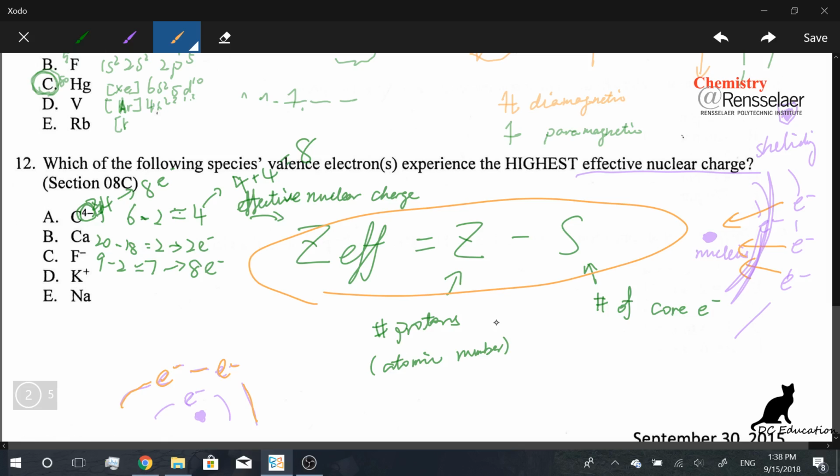So that's 19, I believe, the atomic number, minus 2, which gives us 17 towards 8 electrons.